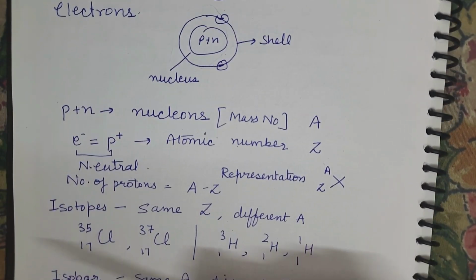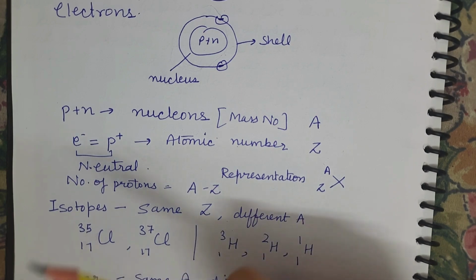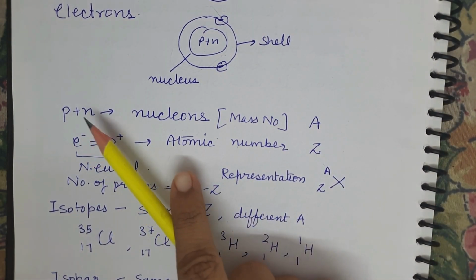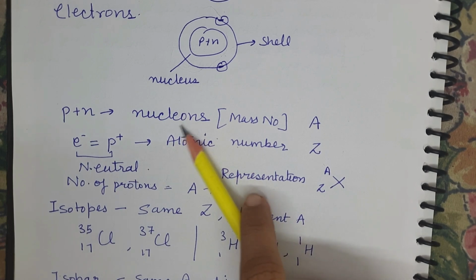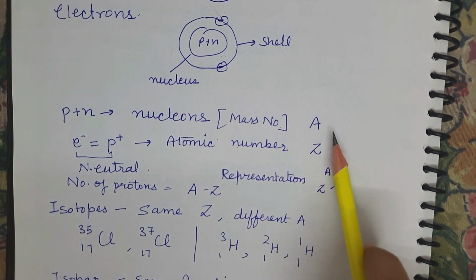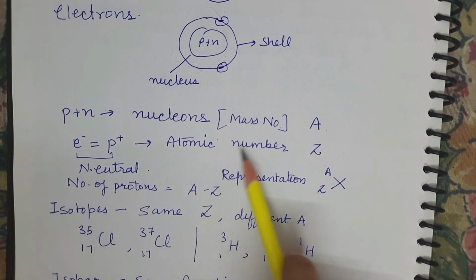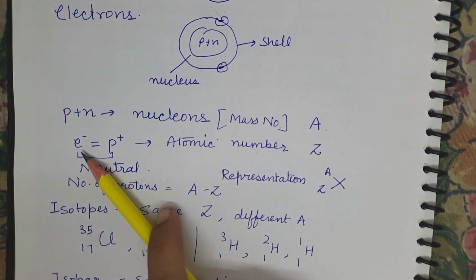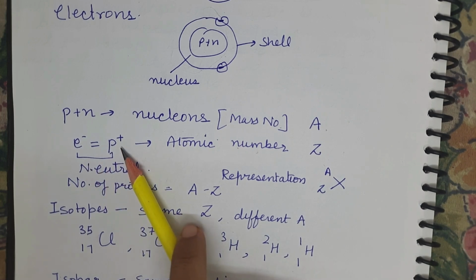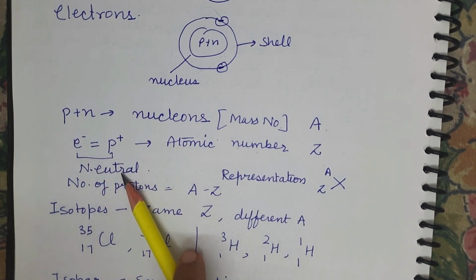Some terms that you have already studied in the previous class, I think in chemistry: protons and neutrons together are called nucleons, and their total is the mass number, which is denoted by the symbol A. Atomic number is given by either the number of electrons or the number of protons, but this is only valid when the atom is neutral.